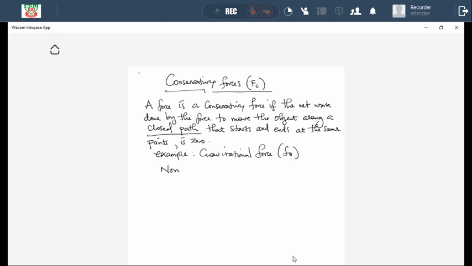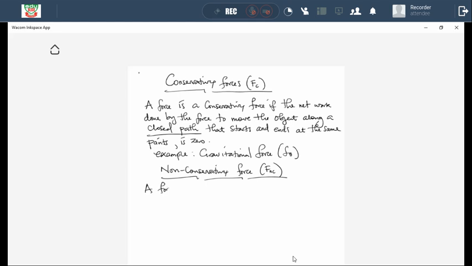Then the second one is non-conservative force. We can call it FNC, with a subscript. So what is a non-conservative force?